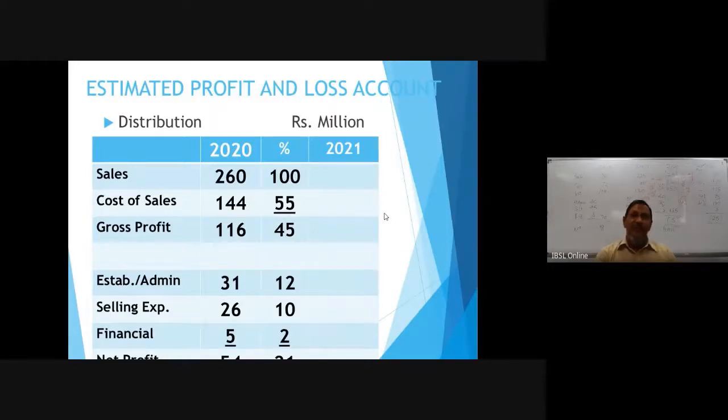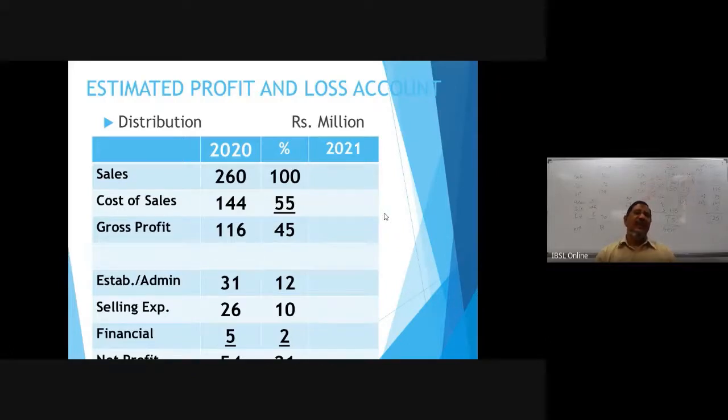2020 sales will be expected to increase by 20% or 25%. Or you can say we try to achieve a sales level of 350,000 or 400,000. Right? So if you apply that as a base figure, then what would be the net profit?